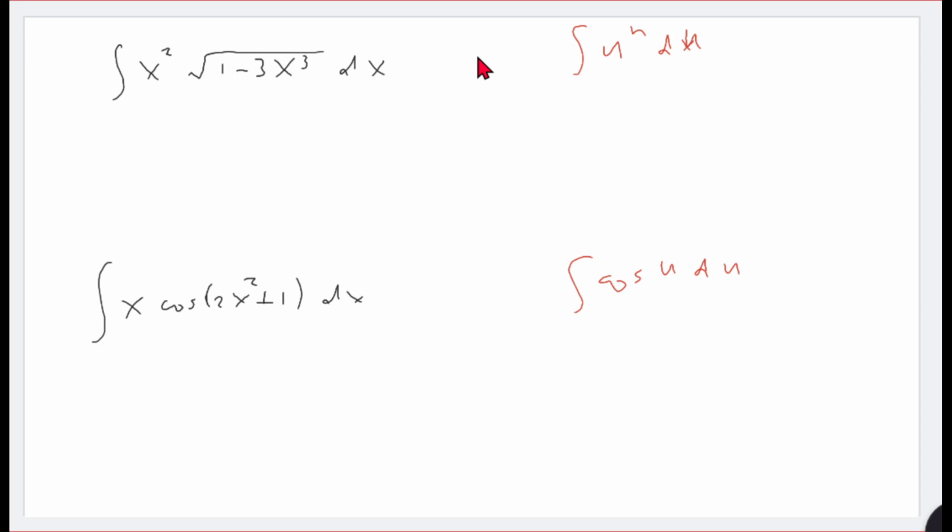Now let's see some more complicated integrals. These integrals all have one thing in common: it's not simply one expression. Instead, the integrand usually contains two parts. Like the integral here, there's x squared, that's one part.